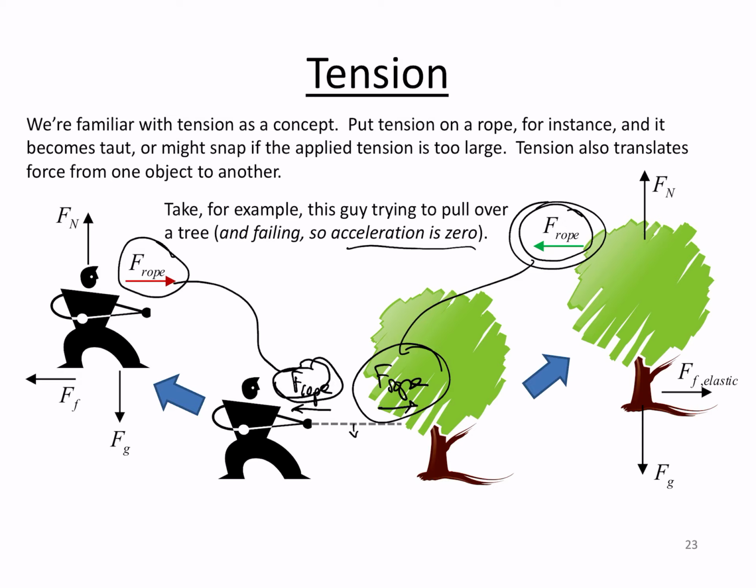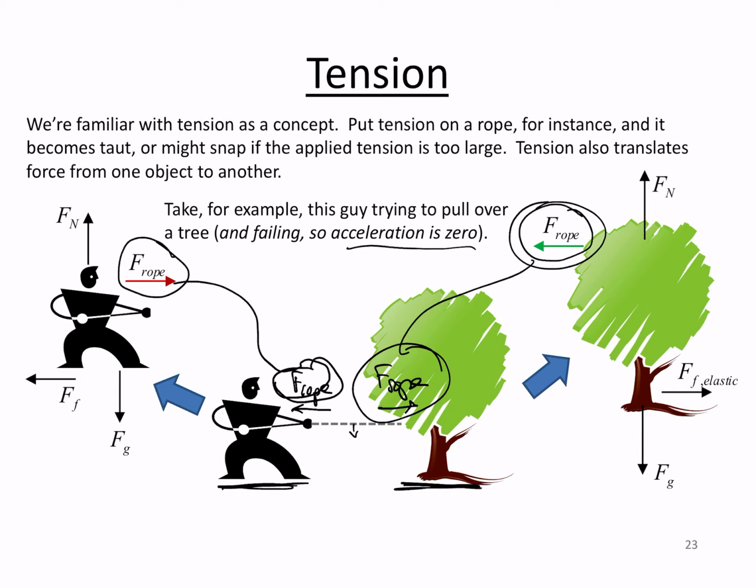So this technically gets a little weirder when you start considering the mass of the chain or the thread or the rope and all that kind of thing. The model gets a little bit more complicated, but it is an excellent approximation unless you have a very, very heavy chain or something like that, that the tension force created by, in this case, the guy pulling on this end is translated all, 100 newtons or something like that to be pulling on whatever is connected to the other end of that rope, in this case, the tree.